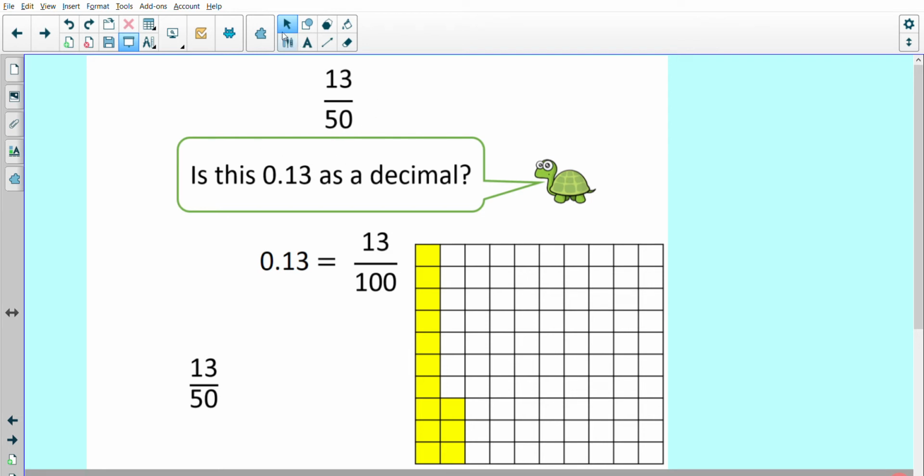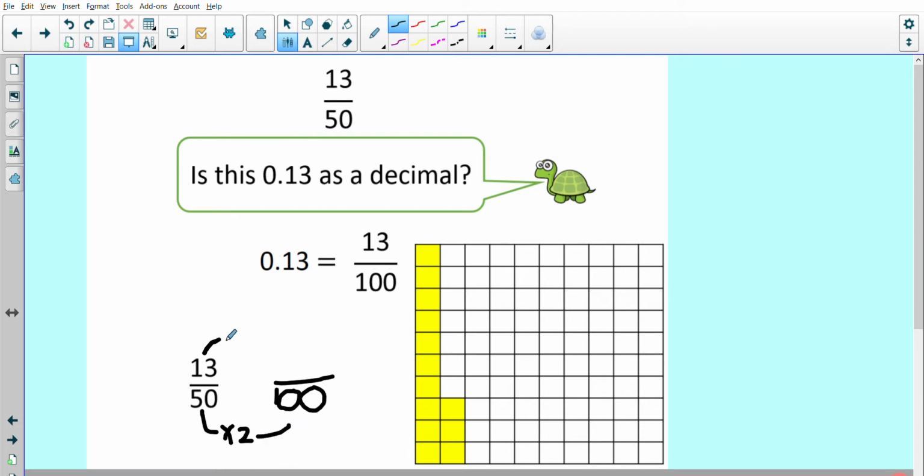What is it then? Well, I need to think about how I can think about hundredths. So to get from 50 to something out of 100, how am I going to do that? Well, to get from 50 to 100, I multiply by 2. What I do to my denominator, I have to do to my numerator. So I have to times my numerator by 2 as well, which means 26 hundredths.